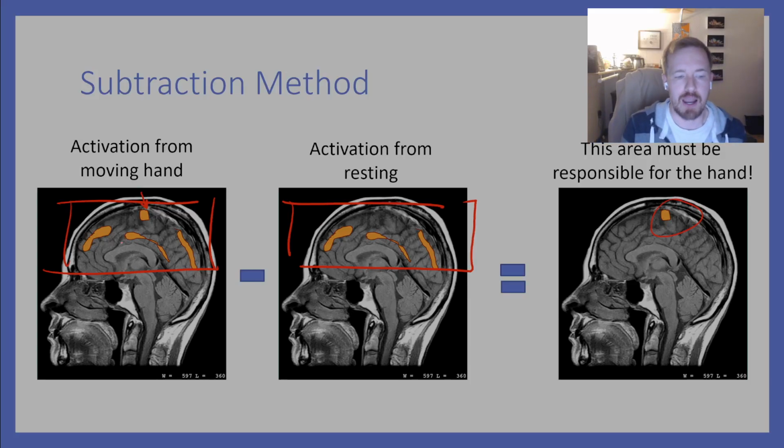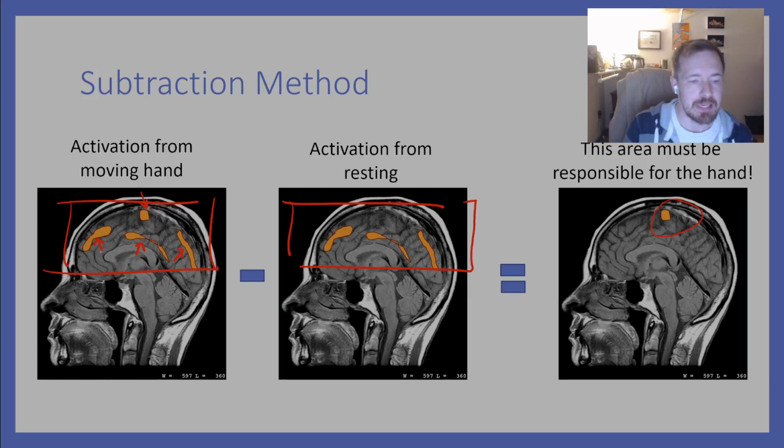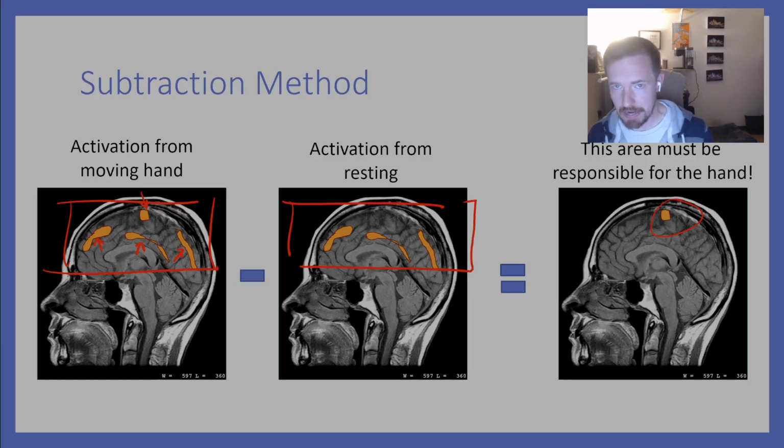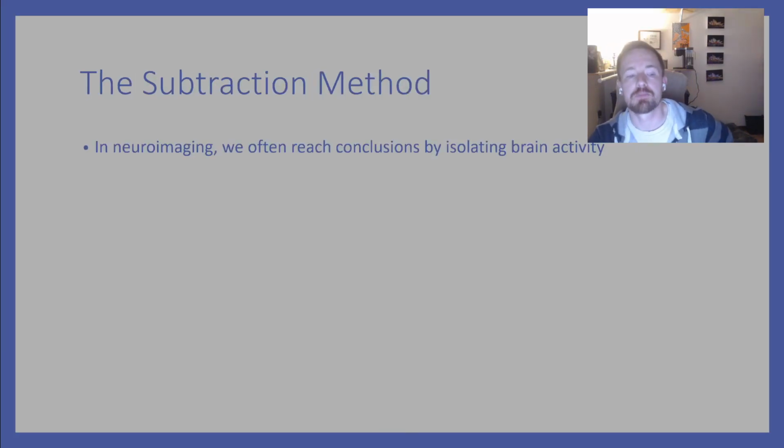So that's why we're not going to say that this area right here and this area right here and this area right here are active whenever we are moving our hands, because that seems to be unrelated activation. That might be activation from following directions. It may be activation from having your eyes open. It may be activation from just thinking to yourself. It doesn't matter necessarily because we have isolated the area that is only active when we are moving our hand. That is the subtraction method.